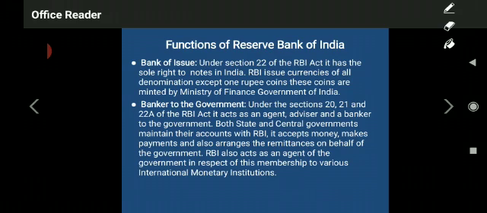I'll tell you how the printing of currency is going on in this bank. RBI prints new currencies on certain conditions. I said conditions in the sense that to print a single currency, it needs to have some amount of reserve in Reserve Bank of India.